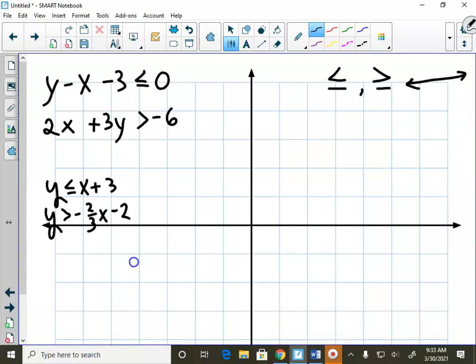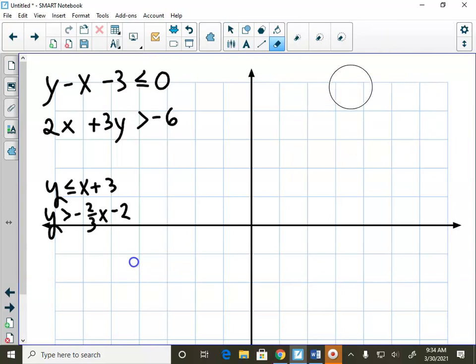And you'll see what the difference is, compared to having a less than or a greater than, which means you're going to have a dashed or dotted line. The reason for that is the equal to allows points that are on the line to be included in the solution. If it's just greater than, the line itself is not included because it has to be greater than the values on that line.